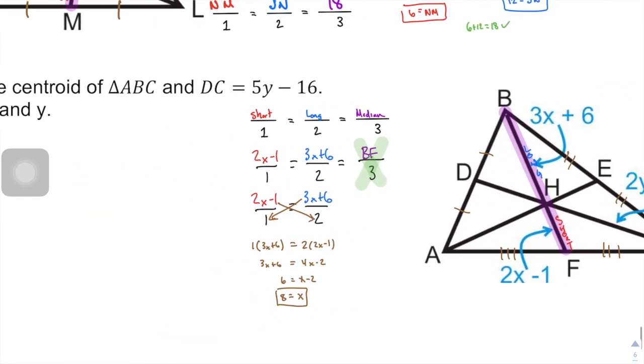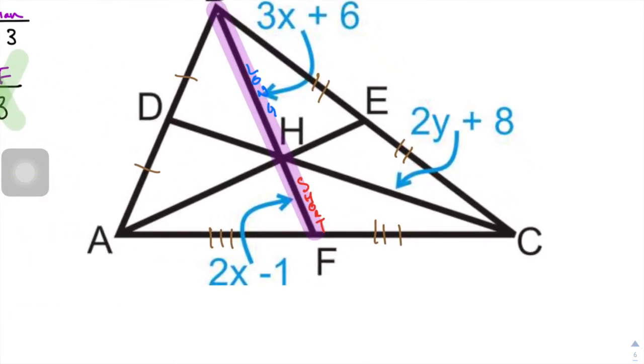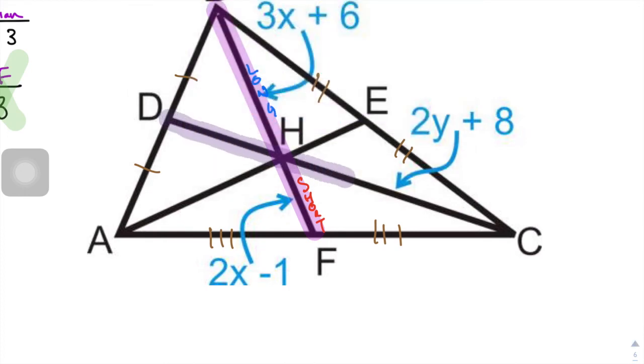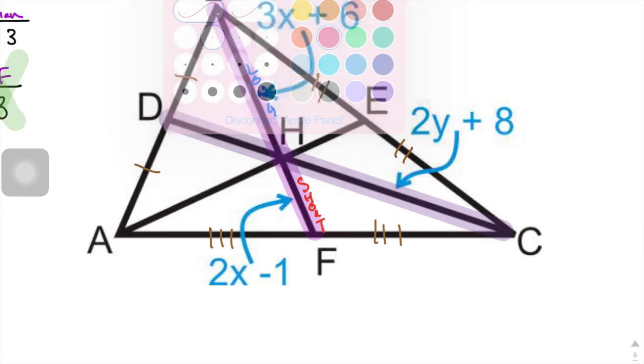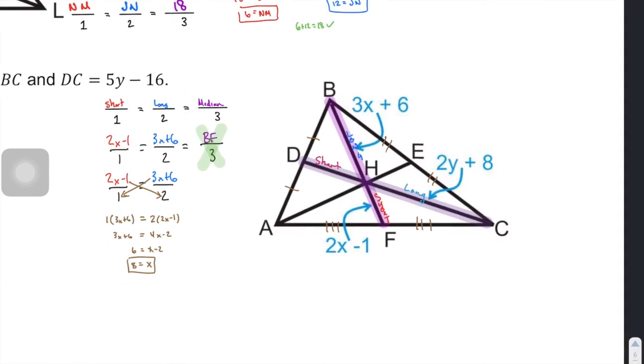Next, we have to figure out what y is. So taking a look at this particular picture, I see y is part of this particular median, which then has its own separate long and short. And because it's part of a centroid, I know I'm going to have to use the centroid formula here.